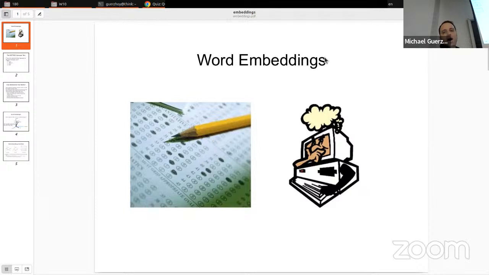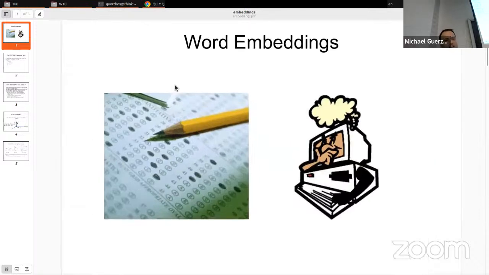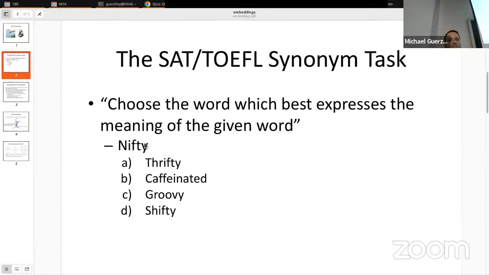Okay. So I want to talk about word embeddings. And that's kind of what project 3 is all about. Specifically, this is kind of what project 3 looks like. You want to figure out, without using a dictionary, which words are close together in terms of meaning, close together semantically, people say, and which are far apart.